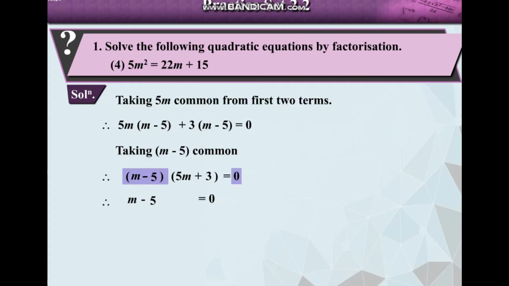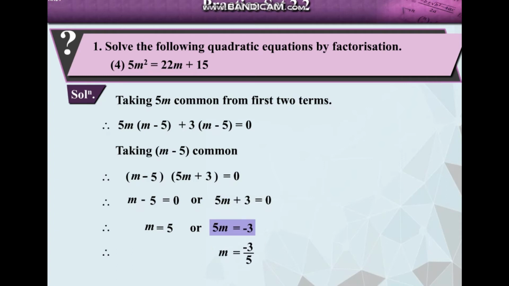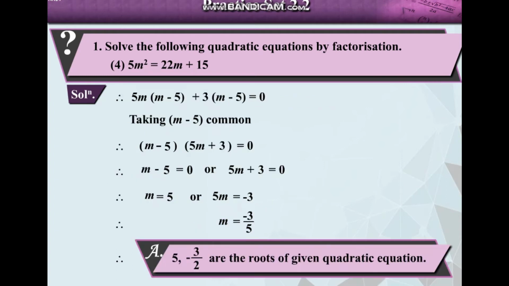Therefore, m minus 5 is equal to 0, or 5m plus 3 is equal to 0. Therefore, m is equal to 5, or 5m is equal to minus 3. Therefore, m is equal to minus 3 upon 5. Therefore, 5 and minus 3 upon 5 are the roots of the given quadratic equation.